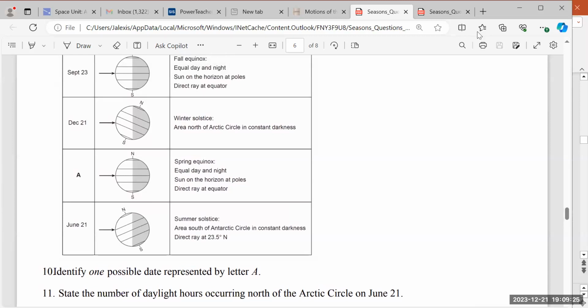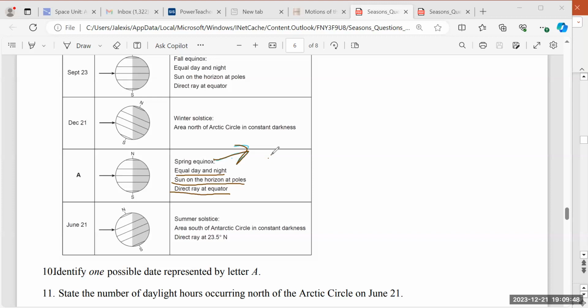All right, so what is some information we know about letter A? Letter A is the spring equinox. That already automatically, right then and there, lets me know. Equal day and night. Sun is at the horizon at the poles, direct ray at the equator.